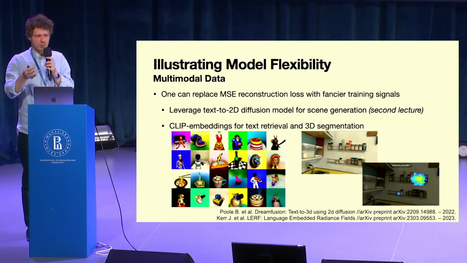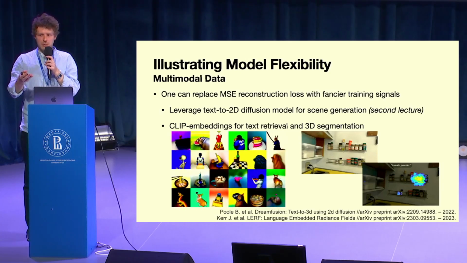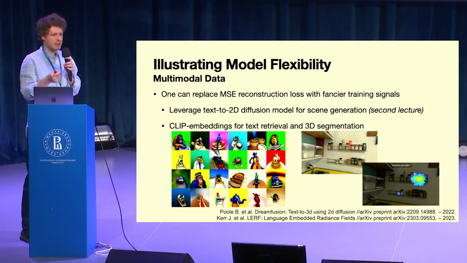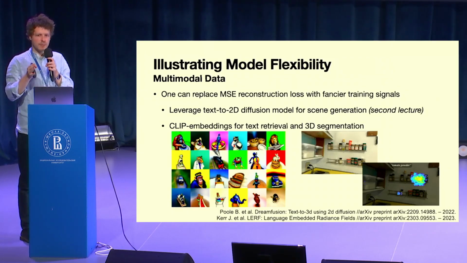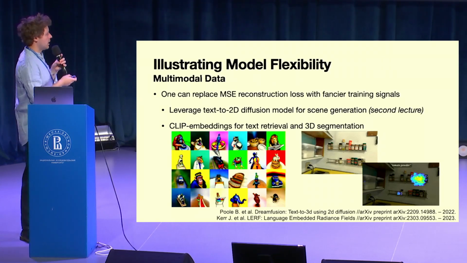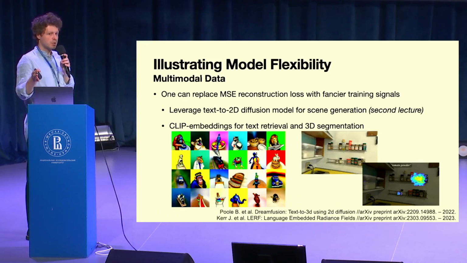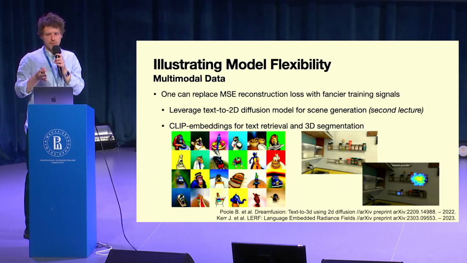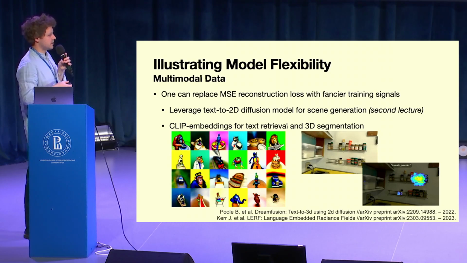So we can transform images into CLIP embeddings, train our field to return embeddings instead of color, and then if we want to retrieve something in a scene, we can compute the text embedding of the object we're trying to retrieve, draw a picture, but with CLIP embeddings instead of color channels, and then compute a scalar product and obtain a heat map of the things we are looking for in the scene.